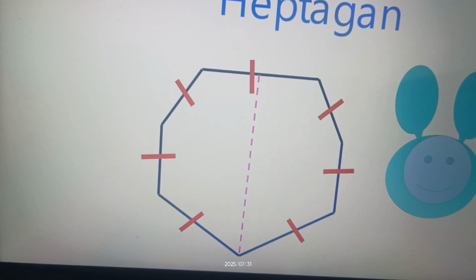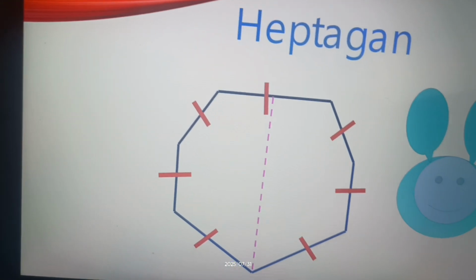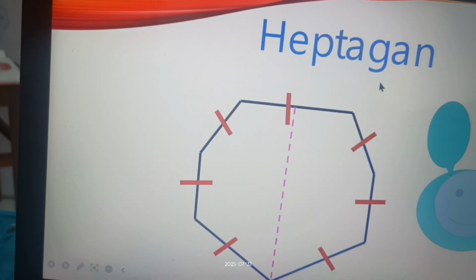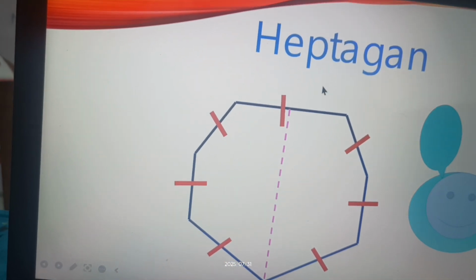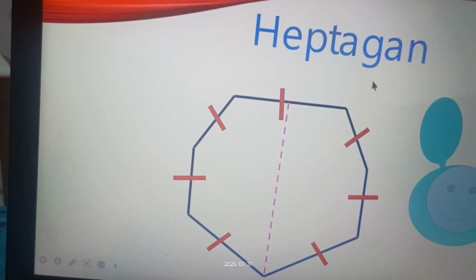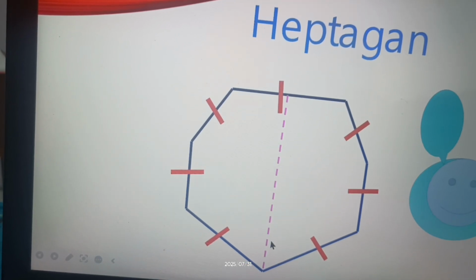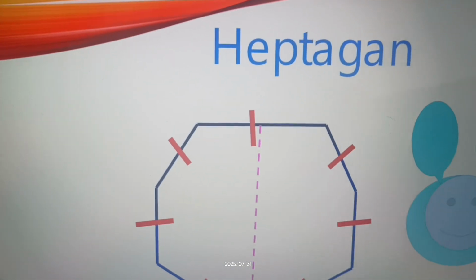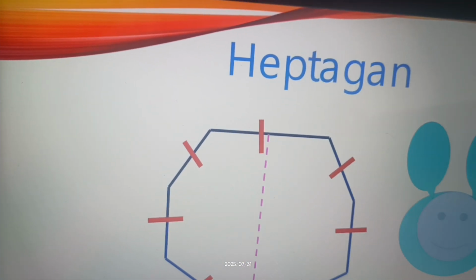How many sides in heptagon? 7. 7 means odd or even? Odd. When there is an odd number of sides, you can draw only 1 symmetrical line. This is heptagon. Remember, heptagon.